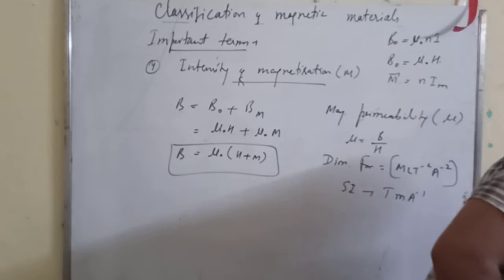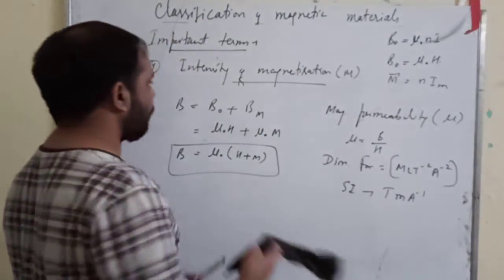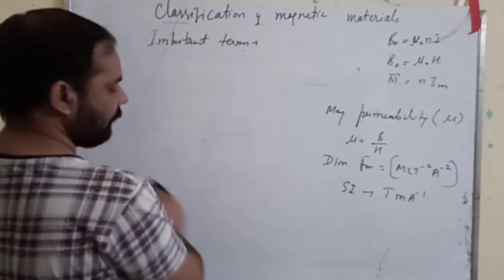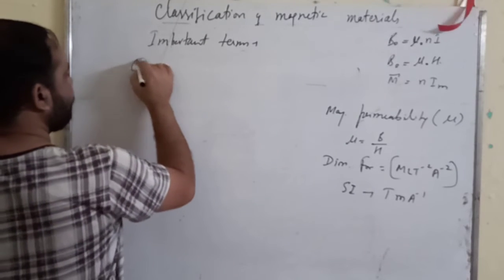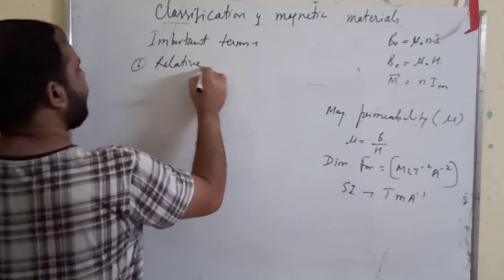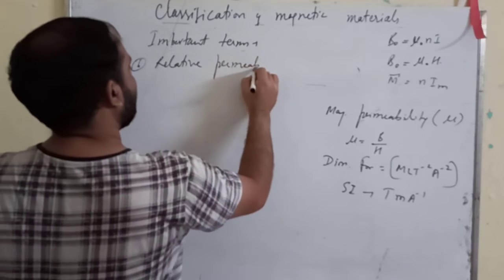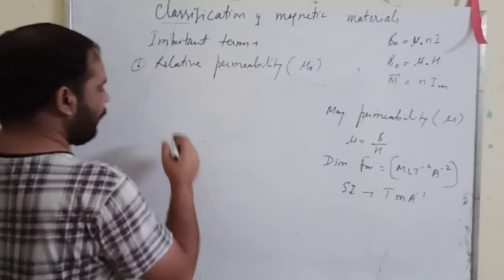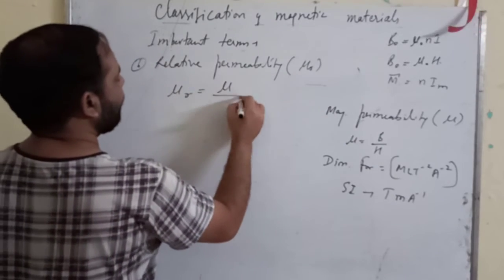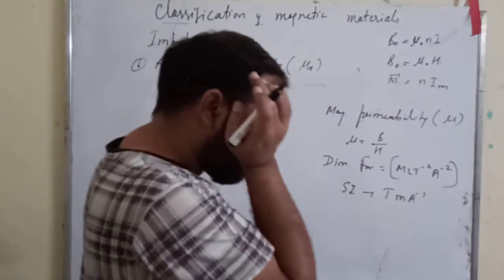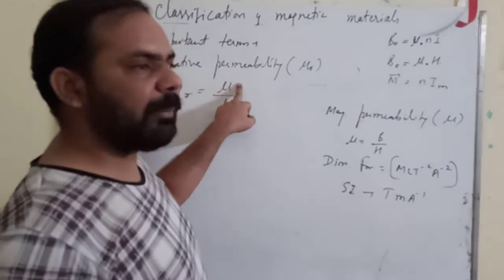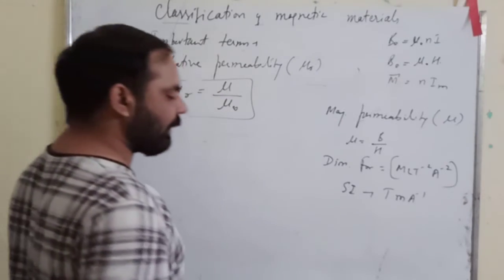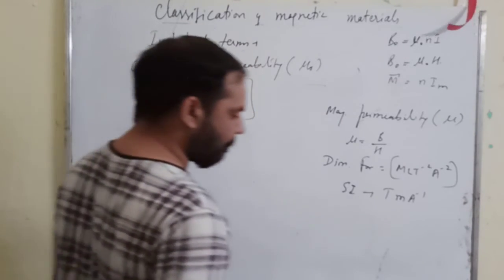Next, your sixth term is relative permeability, which is denoted by mu r. This mu r is nothing but mu upon mu naught, the ratio of permeability of the material to the absolute permeability, called relative permeability.